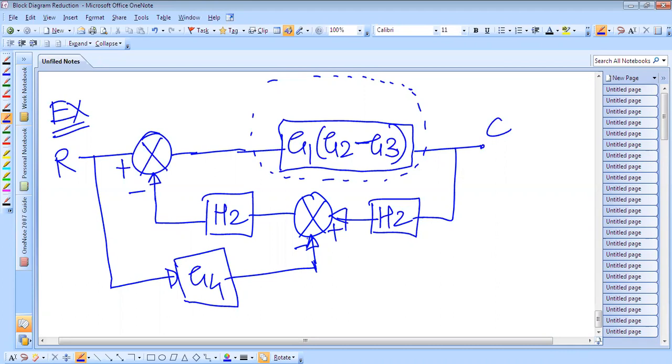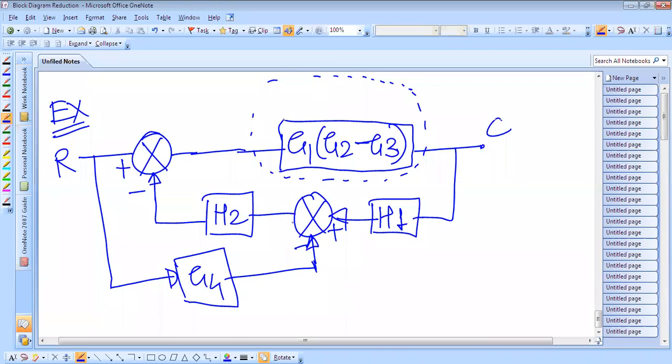So when I shift this summing point after the block, what will be there? This S2 will come. Sorry, let me make one correction: this is S2 and this is H1. So I have to shift this summing point after a block.